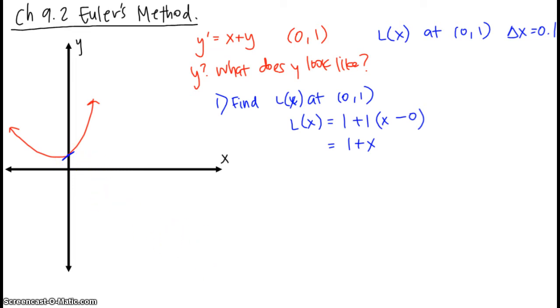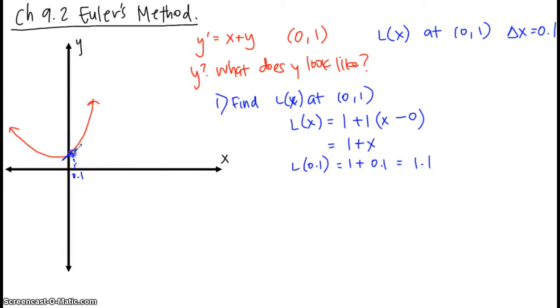Now what I'm going to do next is I'm going to find 0.1. I'm going to plug in 0.1 into this blue linearization model in order to find the output at that point. So this will give me 1 plus 0.1, which is 1.1. Right?